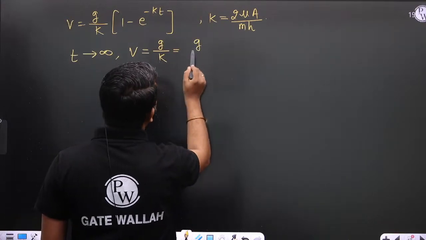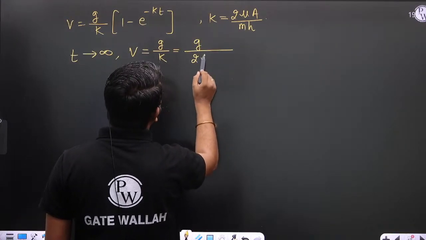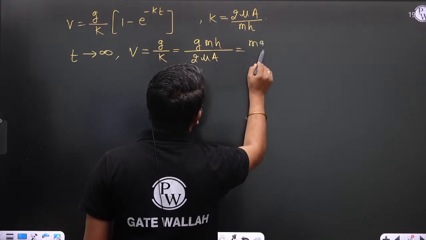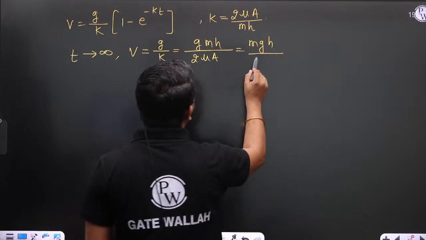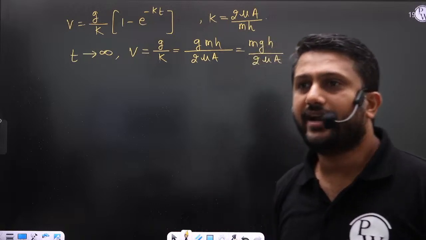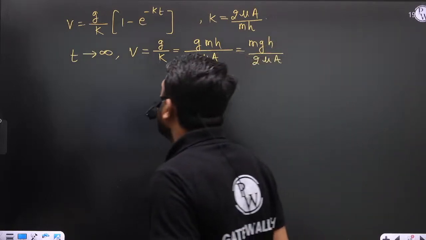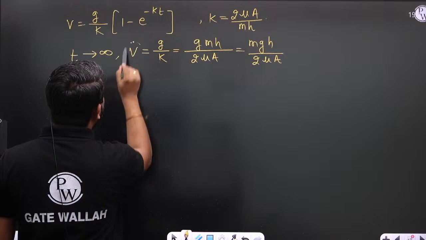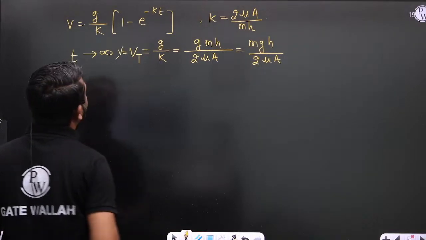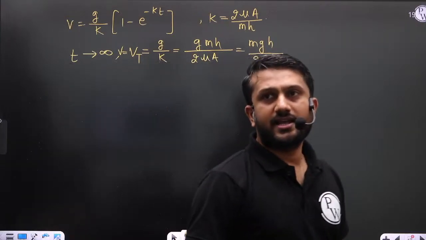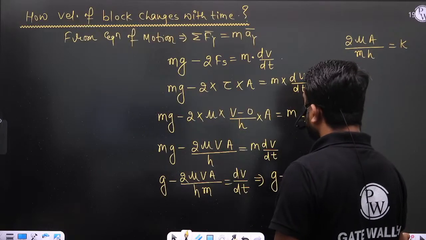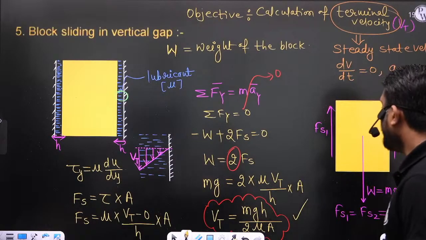You put here k is 2 mu a upon mh, or simply you can write this is mgh upon 2 mu a. So when t is equal to infinity, then this velocity is nothing but the terminal velocity. When t is equal to infinity, then v is equal to vt. Right? See this expression, mgh upon 2 mu a.